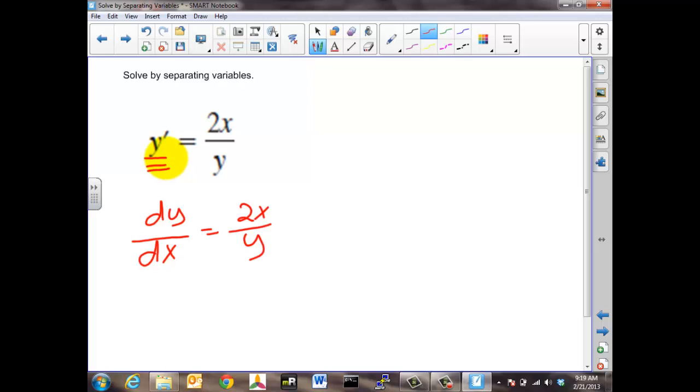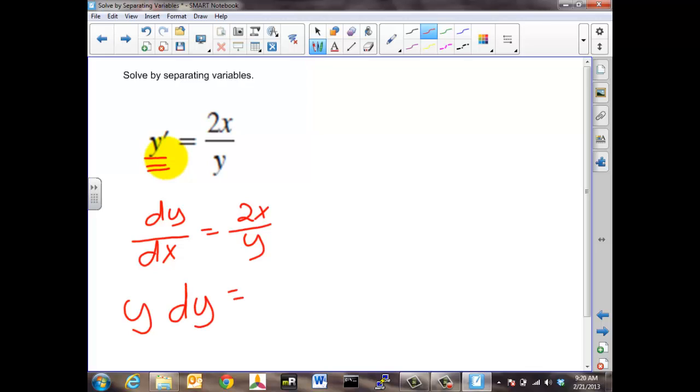Now, in addition to that, don't think of this as a quantity. Don't think of this as dy over dx. Think of it as a fraction. So when we say we want to separate our variables, we're going to get our y over here with dy and make it y dy.